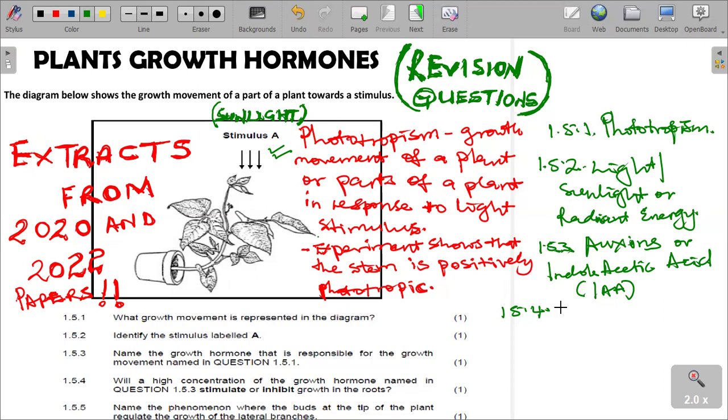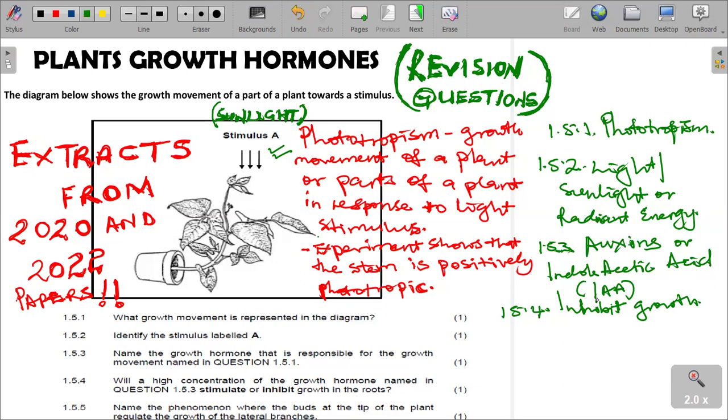A high concentration of this hormone in the root does inhibit growth. I am sure I remember this. It can be well explained by the illustration I gave last time, showing the response of a plant root that is horizontally placed with regard to the effect of auxins.